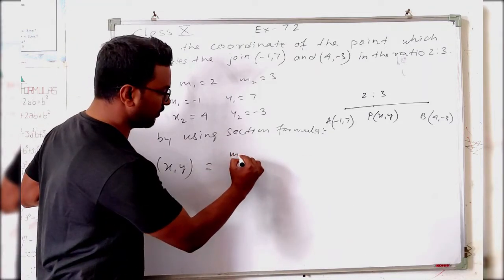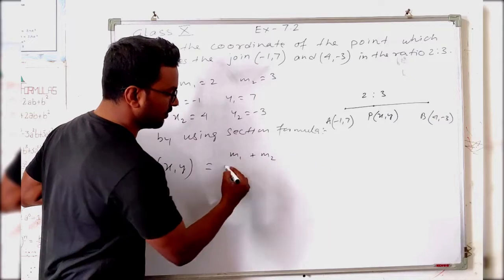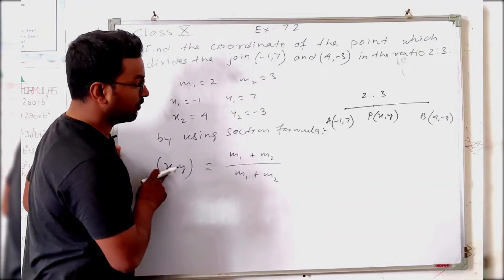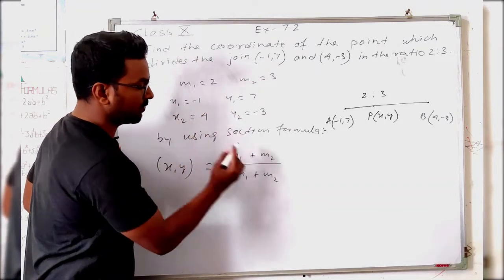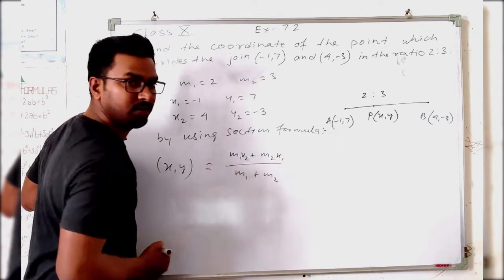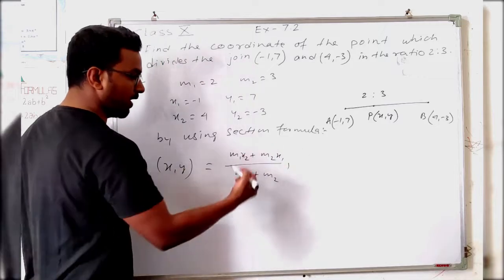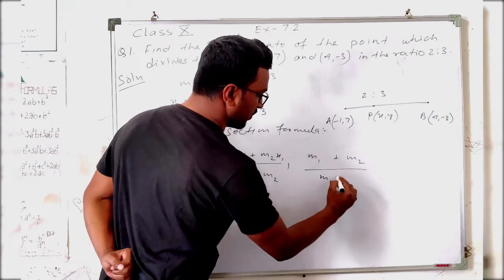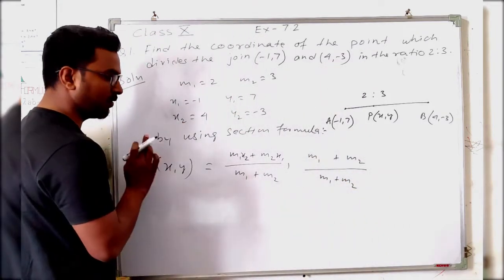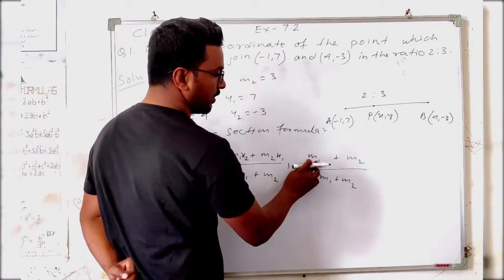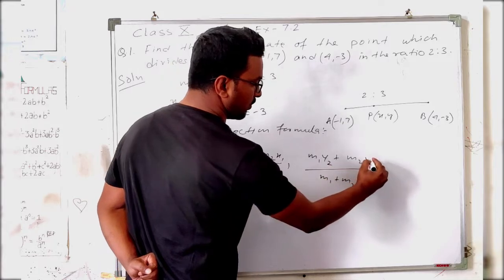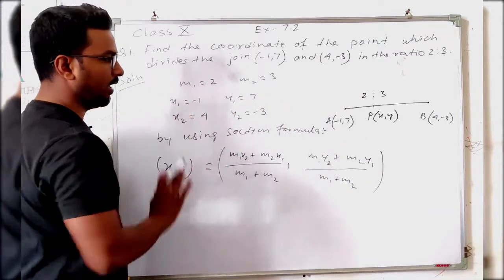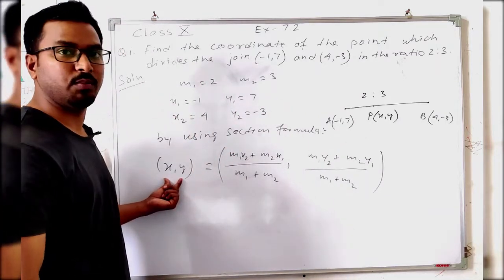For x, the denominator is m1 plus m2, and in the numerator we use m1 times x2 and m2 times x1. Similarly for y, the denominator is again m1 plus m2, and in the numerator m1 times y2 plus m2 times y1. By replacing the values, we'll get the coordinates of the point x and y.